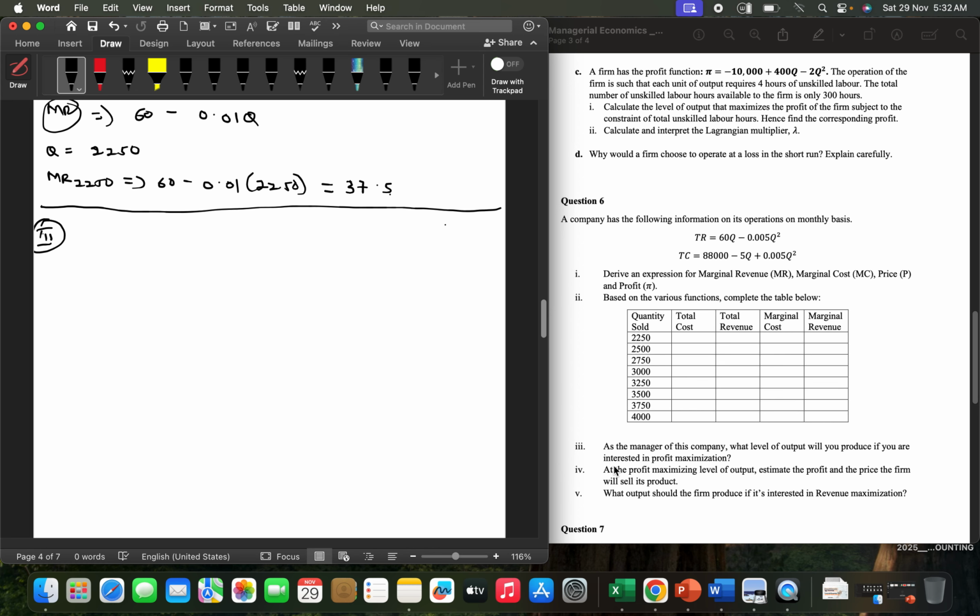As the manager of this company, what level of output will you produce if you are interested in profit maximization? So basically the question is asking for the output to produce when there is profit maximization. That is the question.